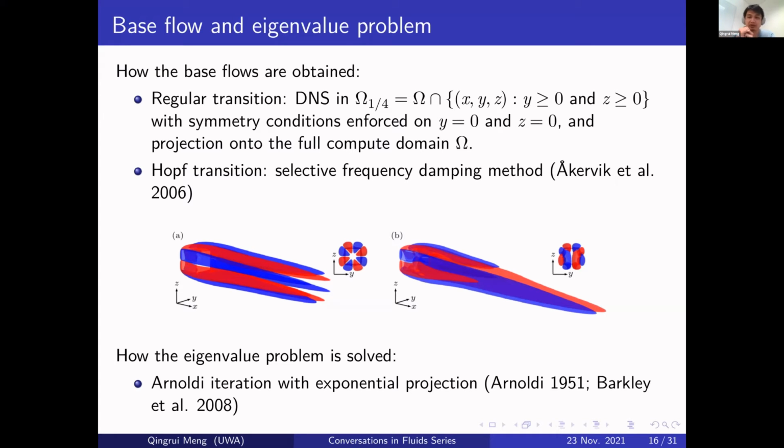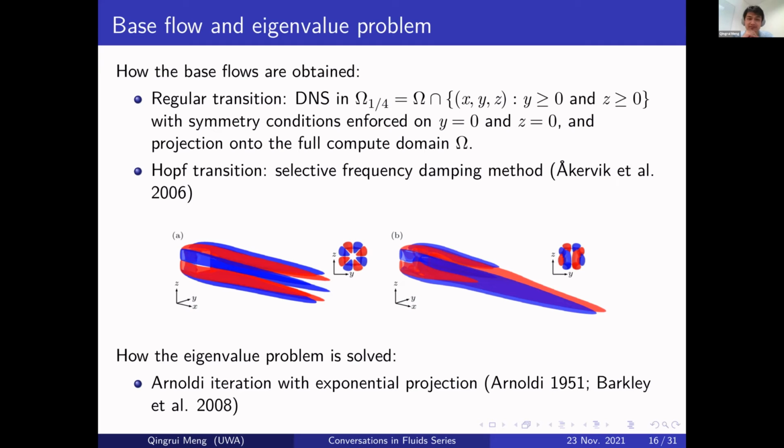We use only a quarter of the full computational domain, preserving just the positive y side and the positive z side, and we impose symmetry conditions on the planes y equal to 0 and z equal to 0. After we obtain the quarter base flow in this confined domain, we project it onto the full computational domain according to the orthogonal symmetries.